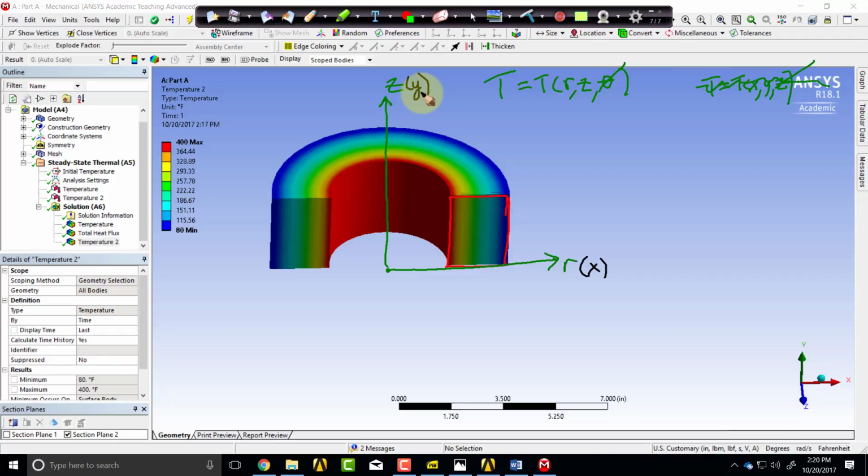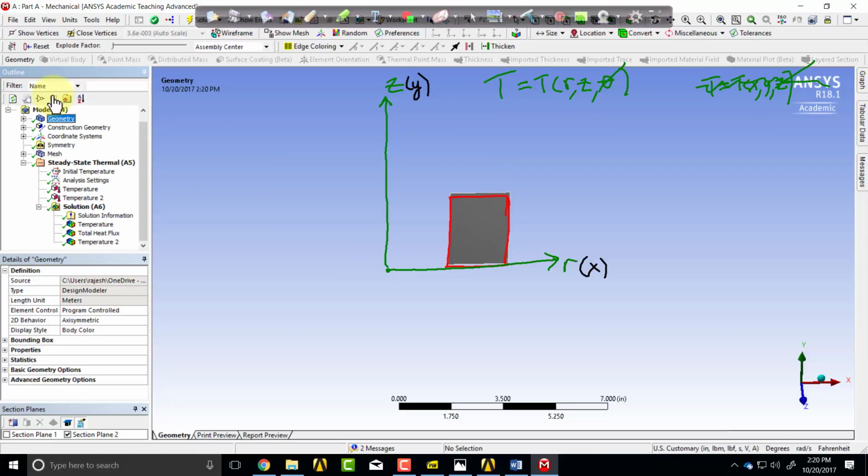Which means that the geometry you give in ANSYS is just the rectangle. So if I go and highlight geometry here, I just have that rectangle, and this distance is the inner radius, that distance is the outer radius, and that's the height.